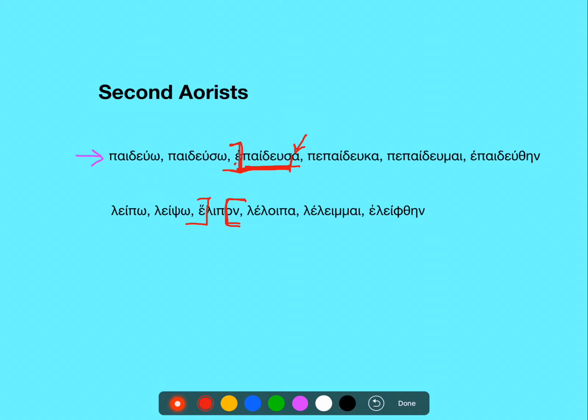And in the subjunctive and optative, they're going to look like the endings we already know from the present subjunctive and optative. For the infinitive, they're going to look just like the endings we know from the present infinitive active and middle, except that they're going to be accented a little differently. So let's look at all that now.